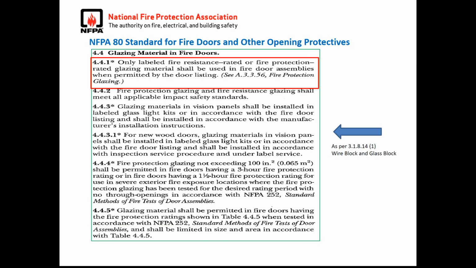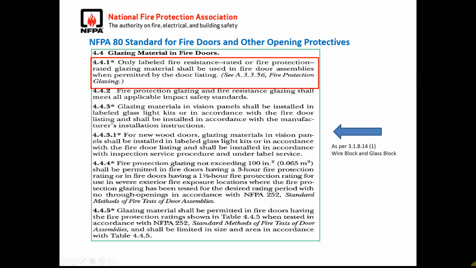Now there's a little bit of debate when we talk about fire doors and labeling of wired glass. When I've looked at it, I know that NFPA 80 talks about having only labeled glass and doors. But when it goes back into NFPA 80, all we're concerned about is the installation of glass.